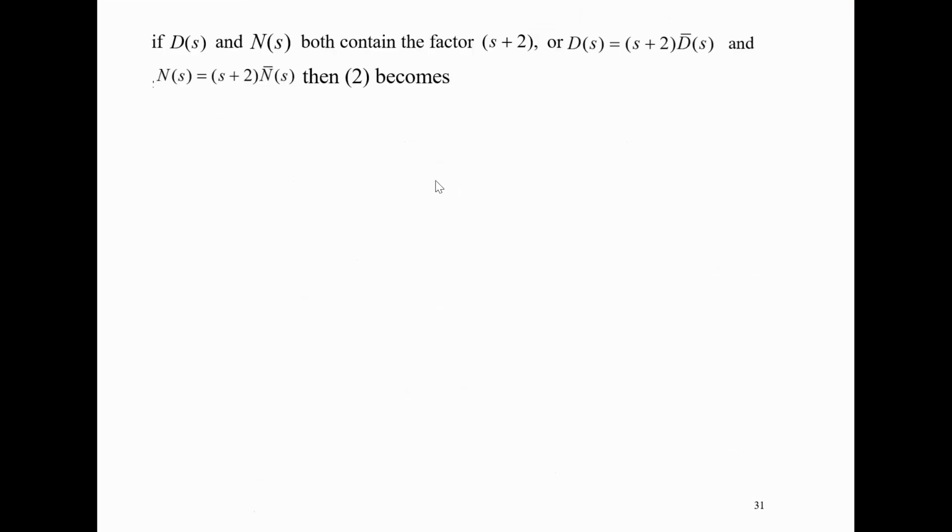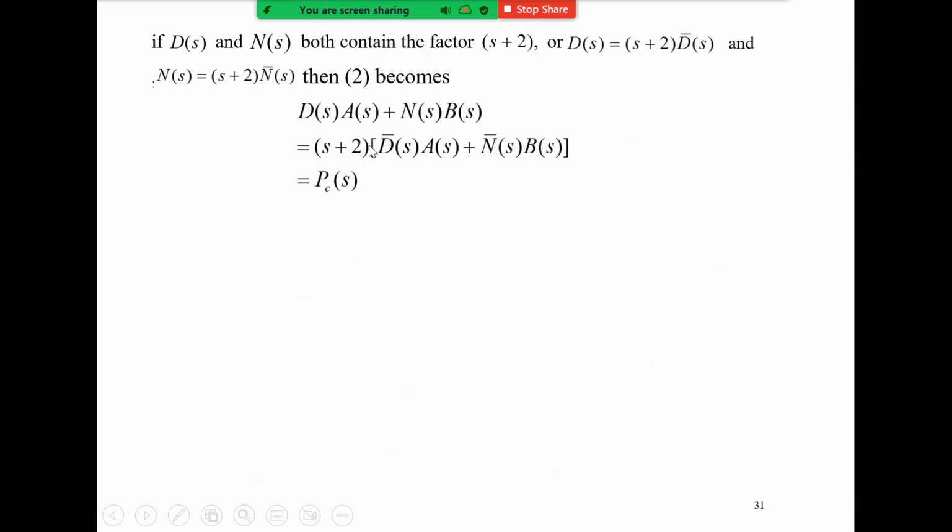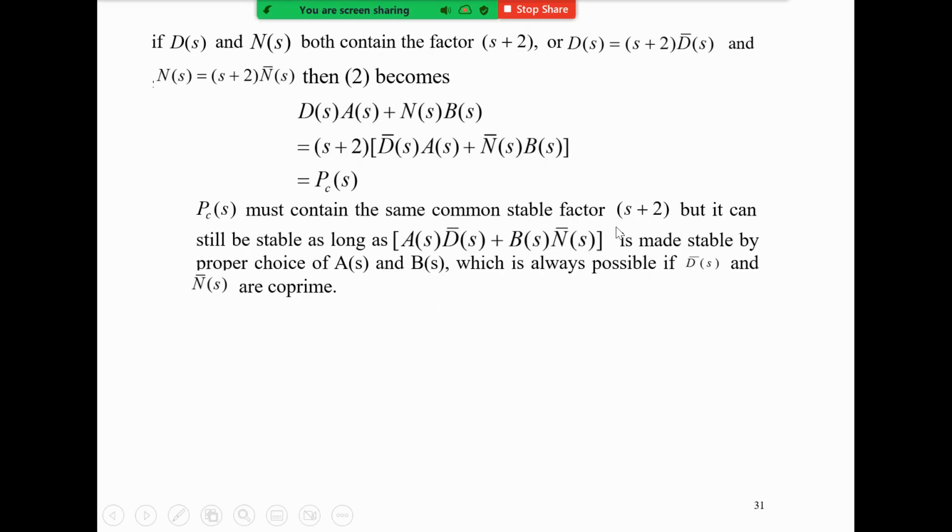Now, on the other hand, if D and N both contain a stable factor S plus 2, then we say this S plus 2 will be a factor of the closed loop polynomial. But this factor is a stable factor, unlike S minus 2. So it will be stable as long as this closed loop polynomial is stable.